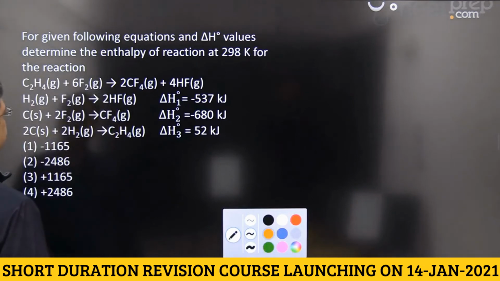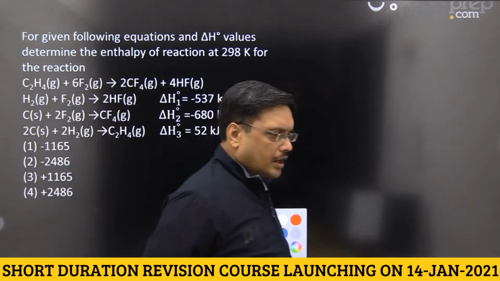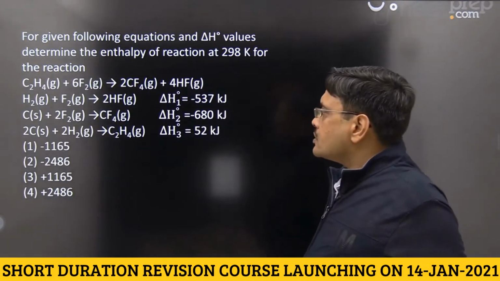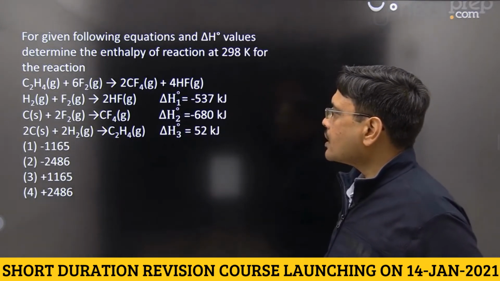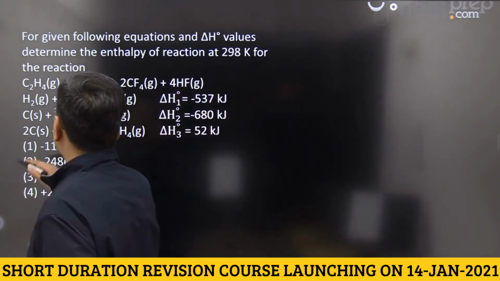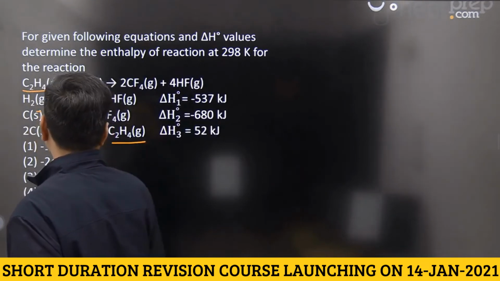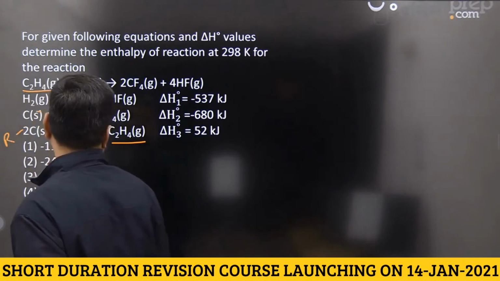See here, everything in the required equation is found in the given equations, and the required steps are done. Now C2H4 is present in the product, but we want it in the reactant, so this equation must be reversed.